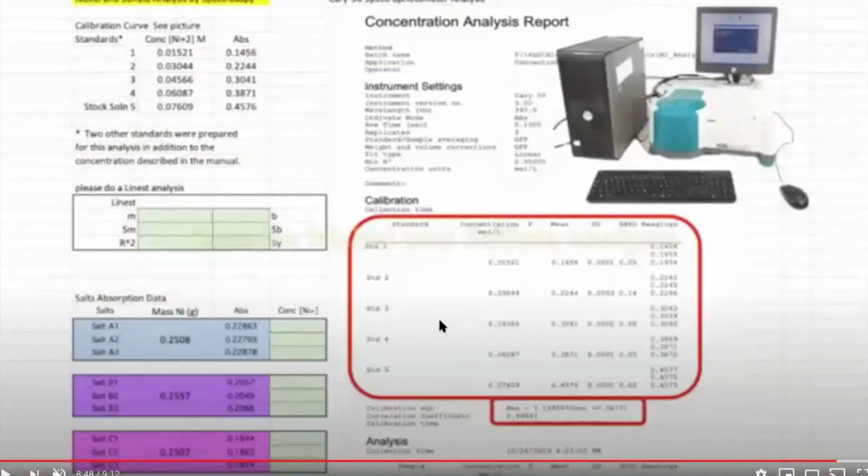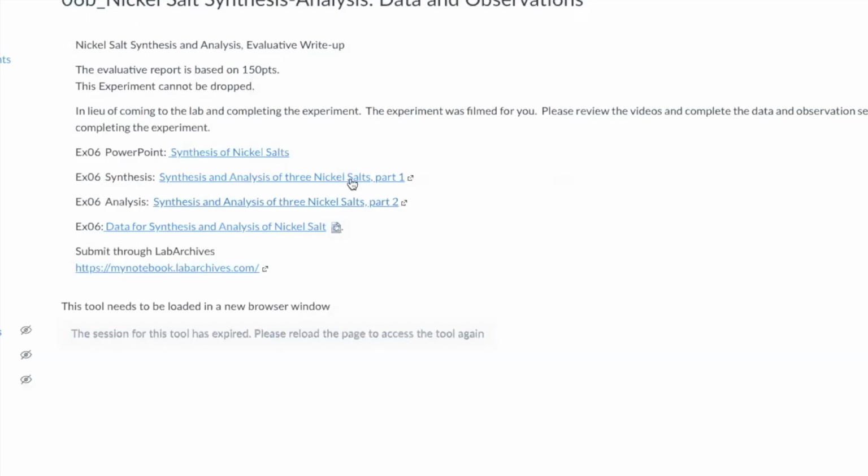And this right here is the data set that you would have to generate that calibration curve and then record from your Excel spreadsheet that you will download the absorbance and then the concentration of the nickel. You guys have to do that. Okay, and that's basically the movie for the two procedures.